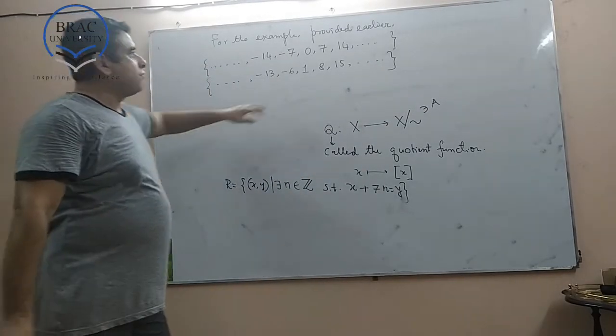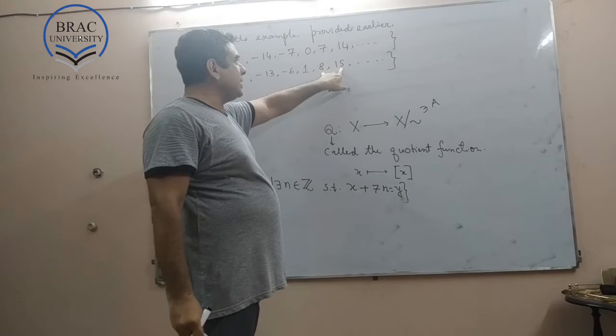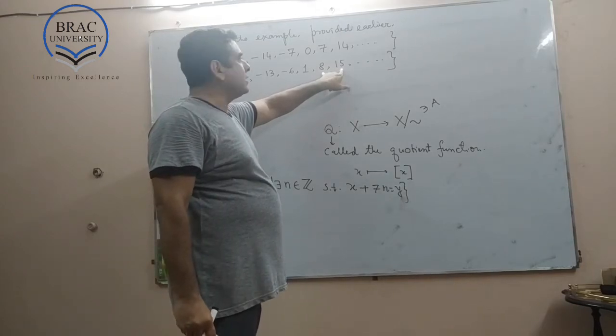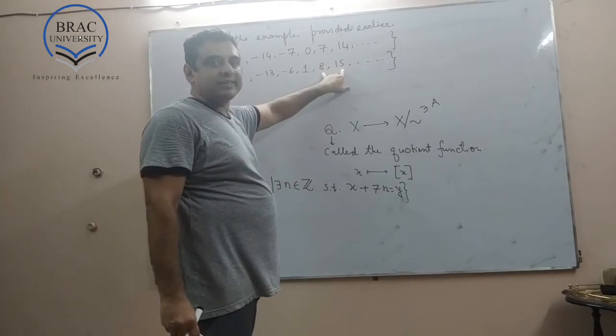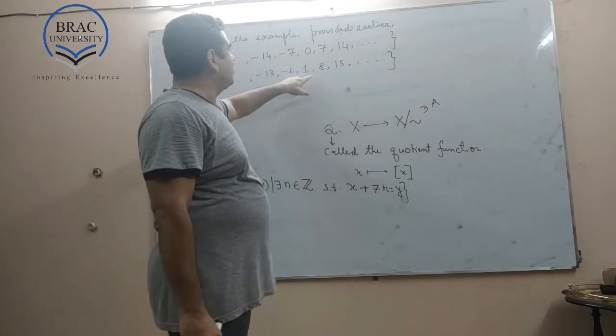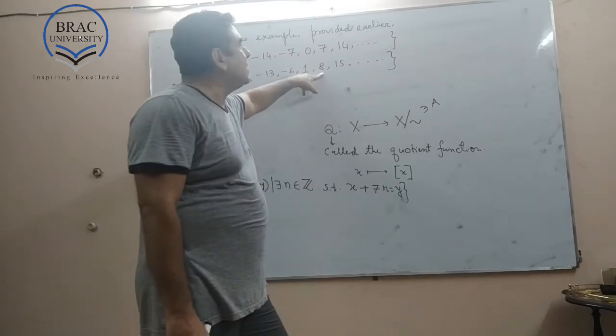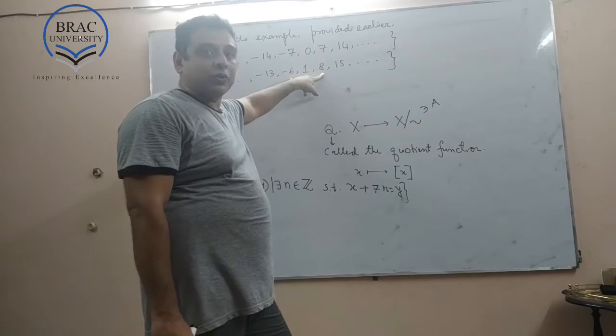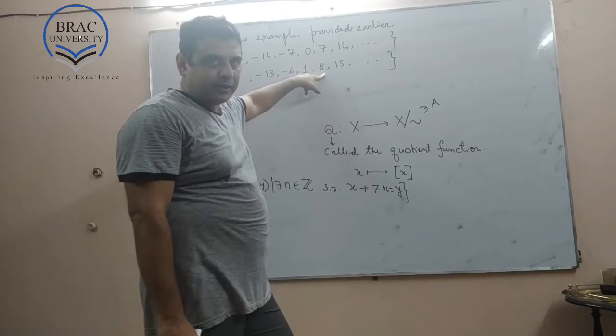See that 15 is equivalent to 8 because 15 minus 8 is divisible by 7. -6 is equivalent to 8, since their difference, -14, is divisible by 7 as well.